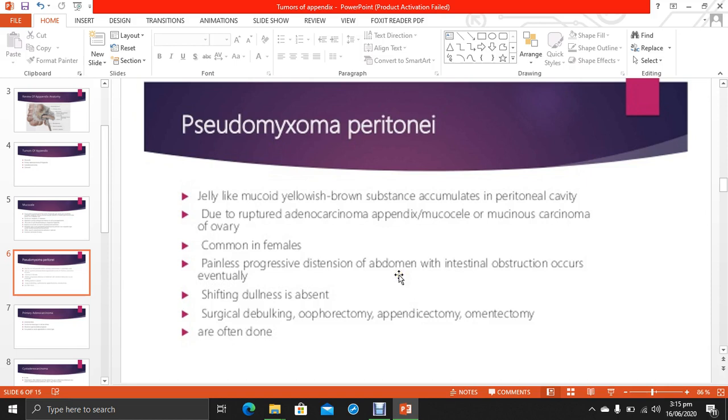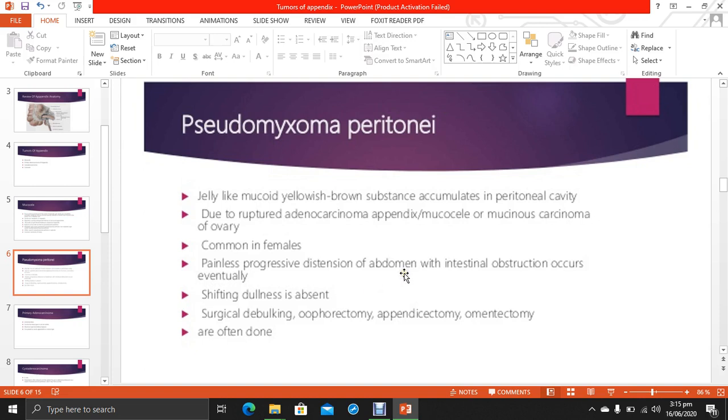In this, shifting dullness will not be there. It is a gel-like mucoid substance, not fluid-like as we see in ascites, so shifting dullness will be absent.